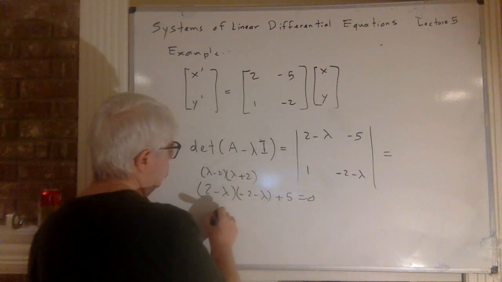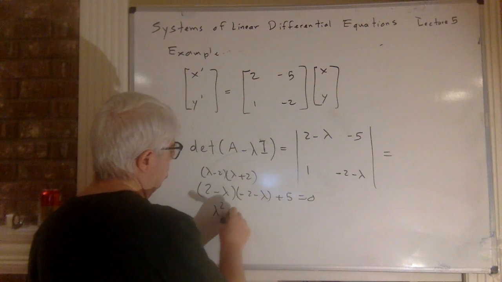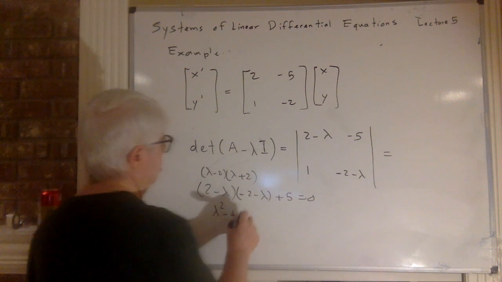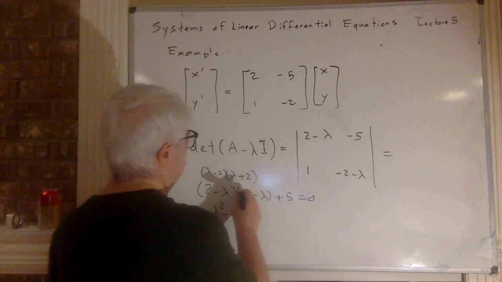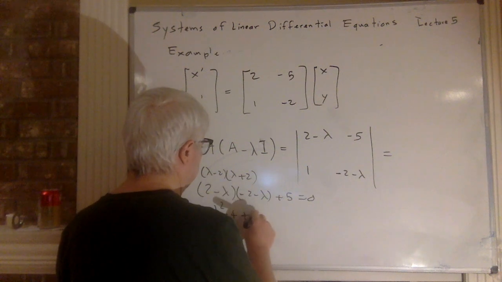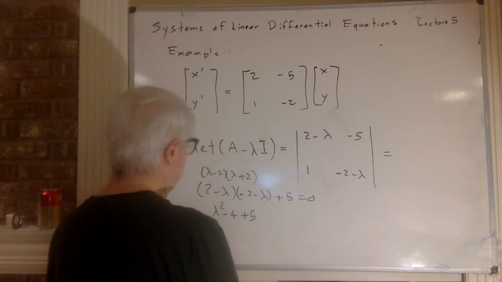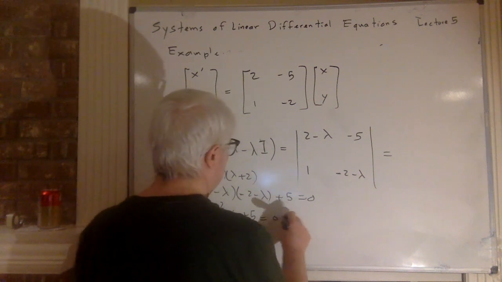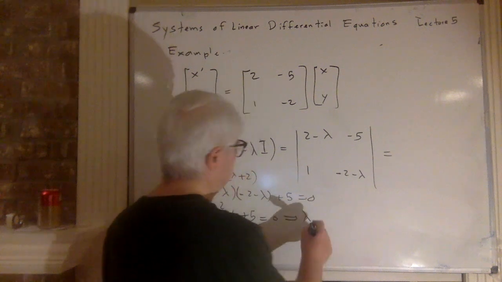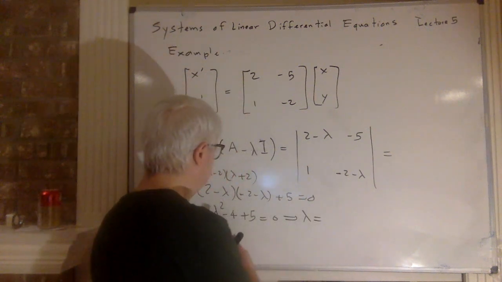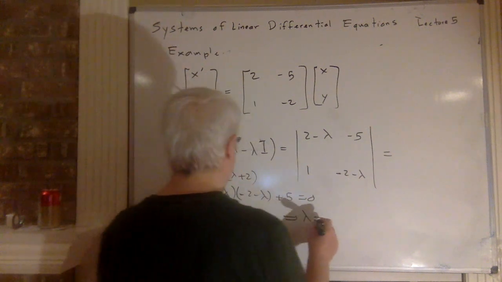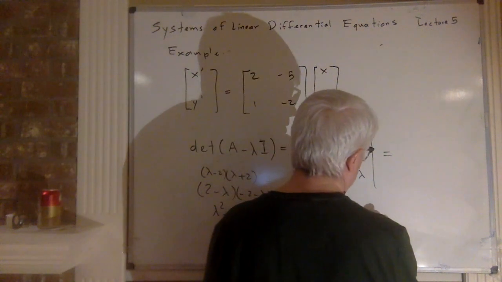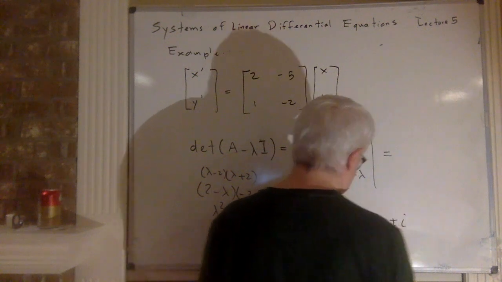So I have lambda squared minus 4 plus 5 equal to 0. That's right. So lambda squared is minus 1, so lambda is plus or minus i.